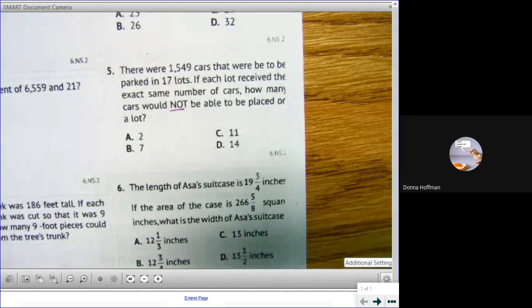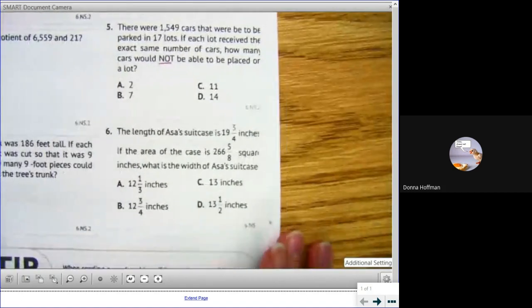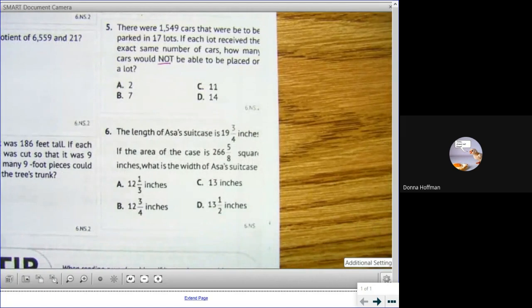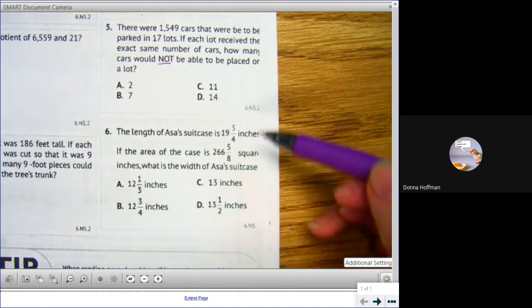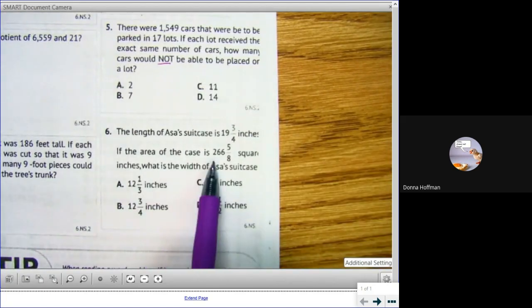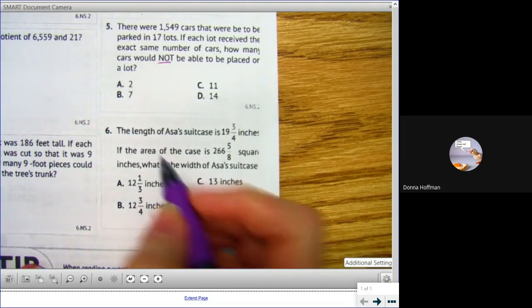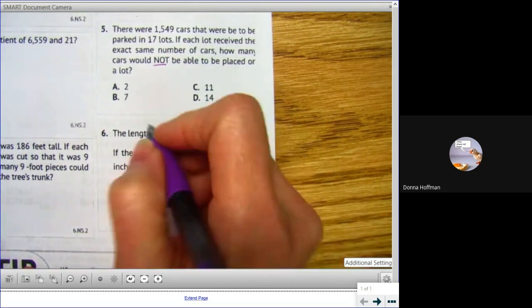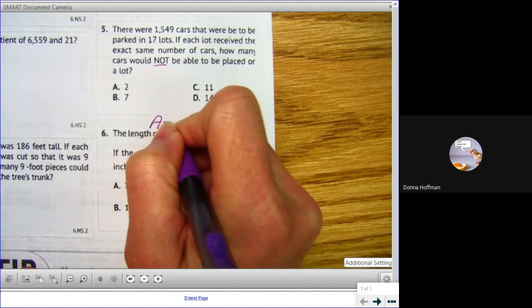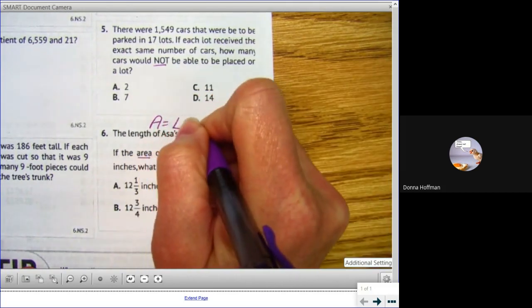Number 6, however, tends to be a big question. Now, the length of a suitcase is 19 3/4 inches, and the area of the suitcase is 266 5/8 square inches. What is the width? Anytime you're talking area, you have to know the formula in your head is length times width or base times height.